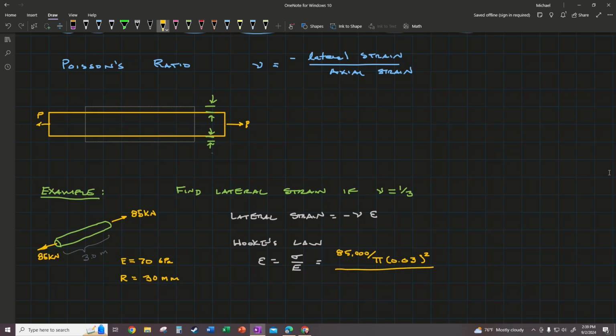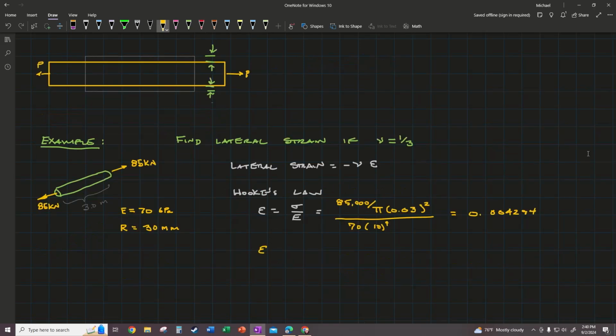Let's divide that by 70 gigapascals, and we get a strain of 0.004294.